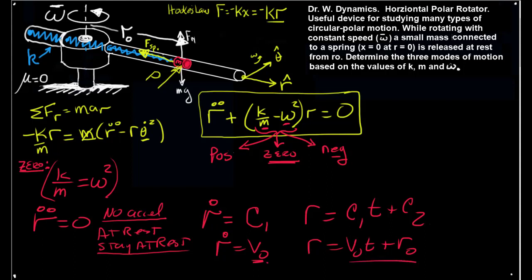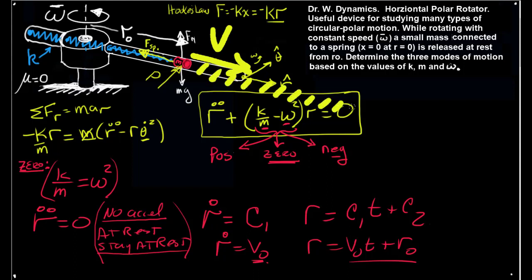What this tells us is that without acceleration, if we were to push this mass and give it a velocity, it would continue to move at that velocity with constant speed until it exited the tube. And if we pushed it inward, interestingly, it would move inward with constant speed as well.